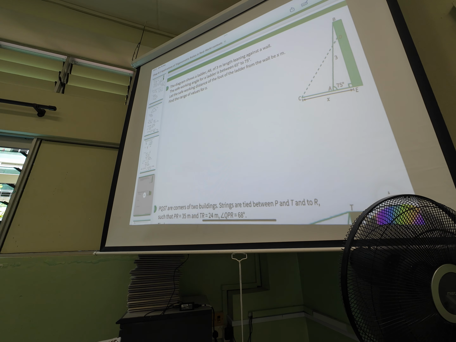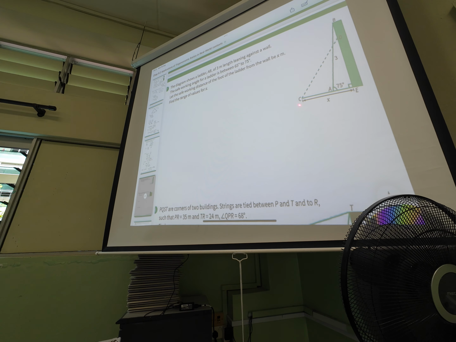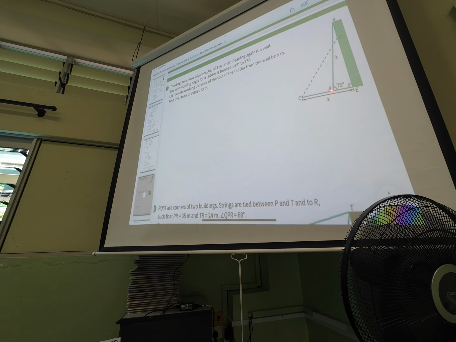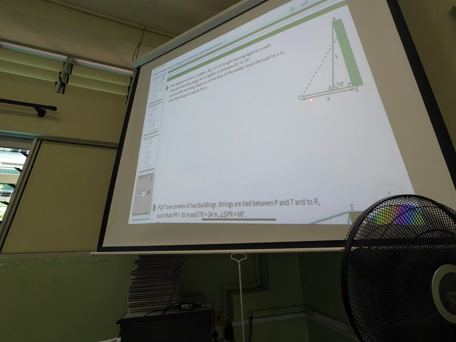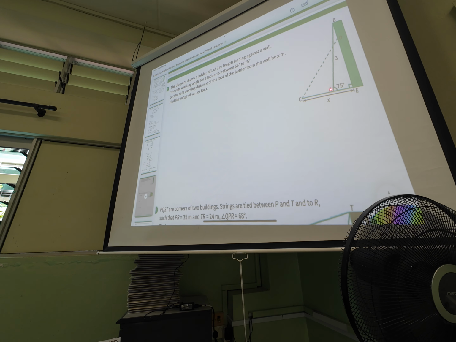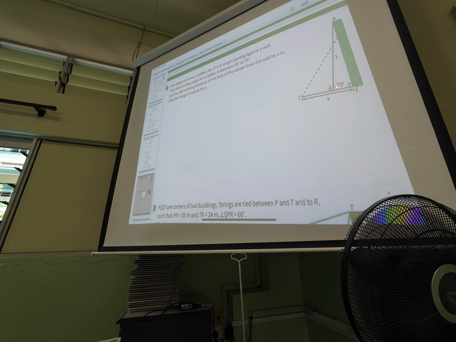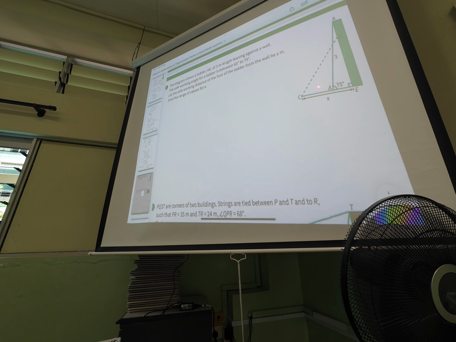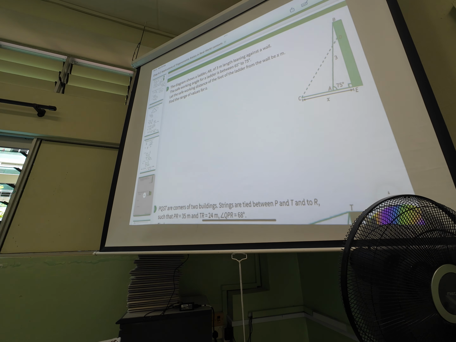Okay, so now they want you to find X. As your ladder of 3 meters slides down the wall, it will form this CD where the safety angle at first is 75, then when it goes down to the end, the furthest it can go is 65.